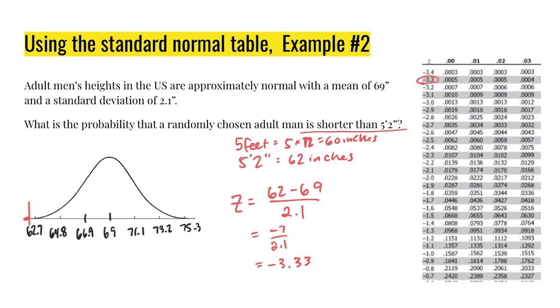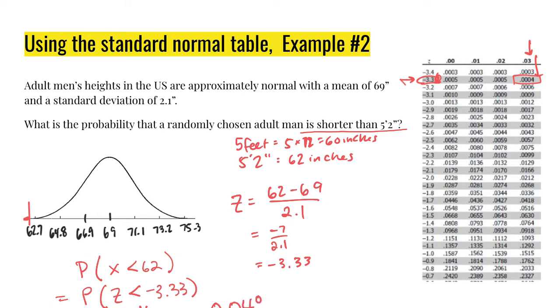All right, let's go to the table. Negative 3.3. What decimal do you want to add right here? I want to add a 3. So I'm going to go down and over. Here's my value. Here's how we write this. The probability that x is below 62 inches is equal to the probability that z is below negative 3.33, which equals 0.0004 or 0.04%.